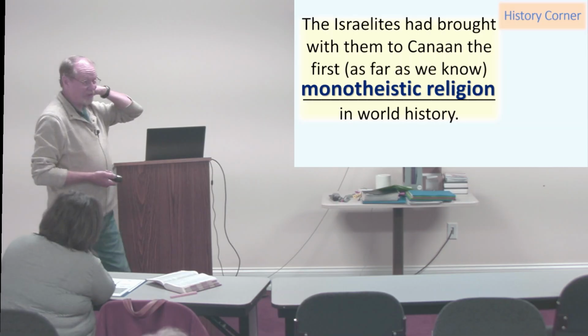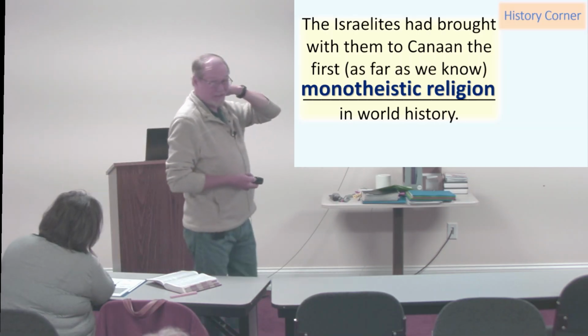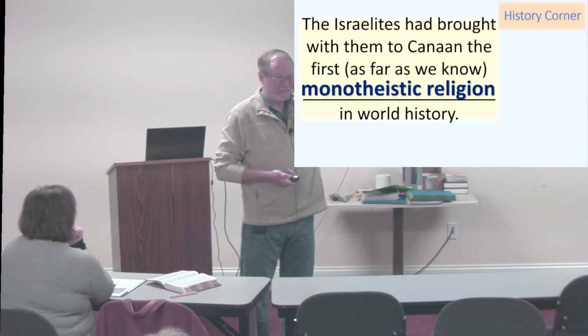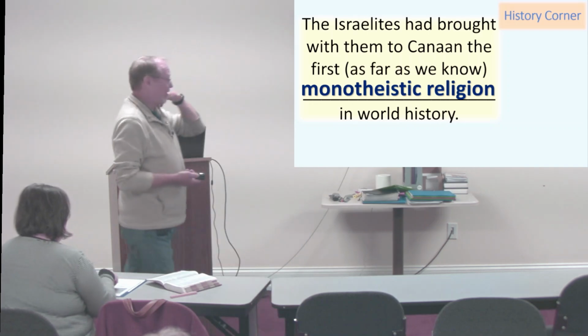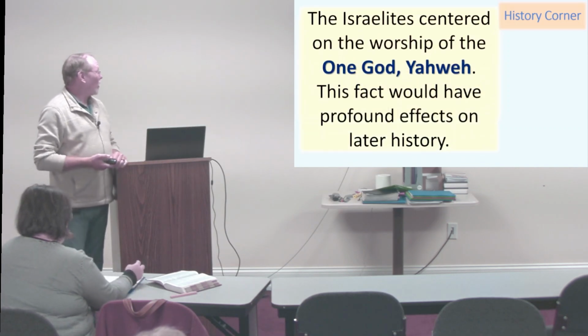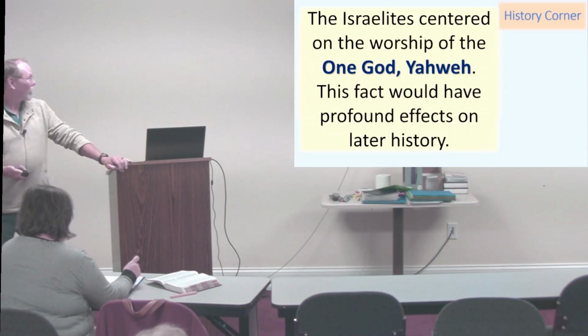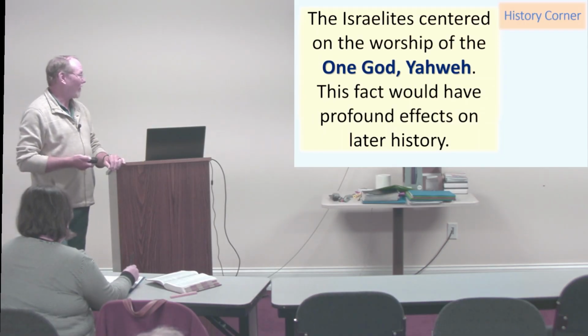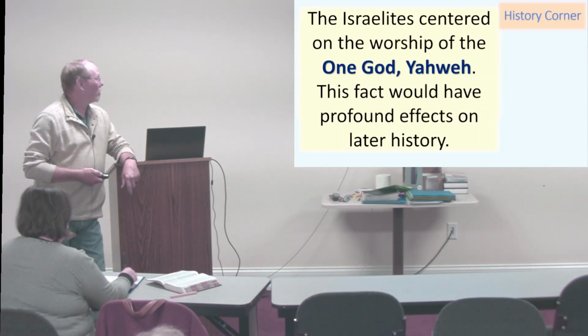This was strange for a lot of the nations, to worship one God. Would you agree? Very, very strange. The Israelites centered on the worship of the one God, Yahweh. This fact would have profound effects on history.